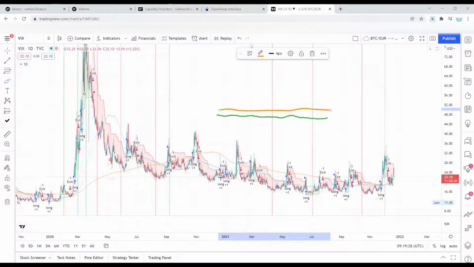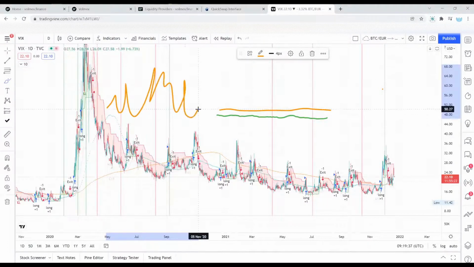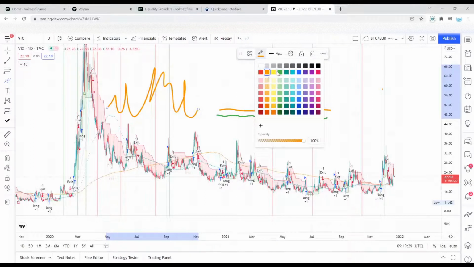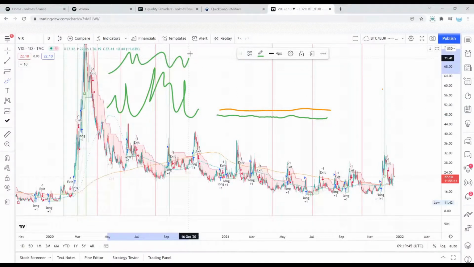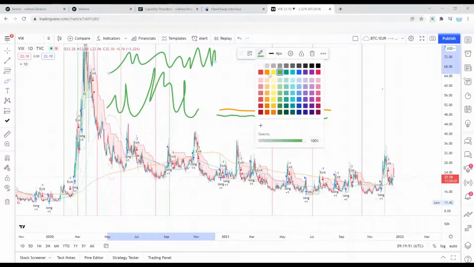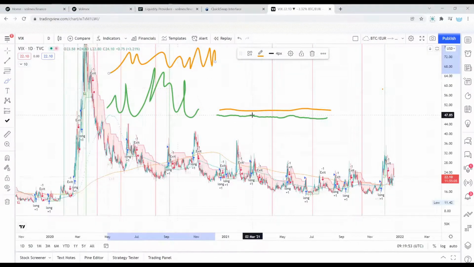But if we take, for example, Bitcoin, which is the exact opposite, Bitcoin does something like this. Goes all over the place. So if you measure the volatility of something like Bitcoin, then the volatility would also move a lot, compared to, for example, a stablecoin.